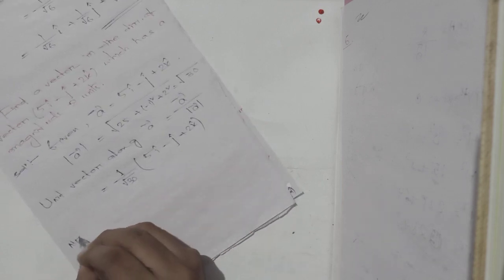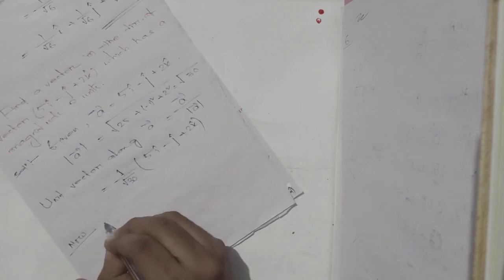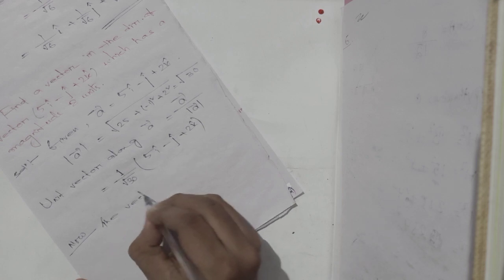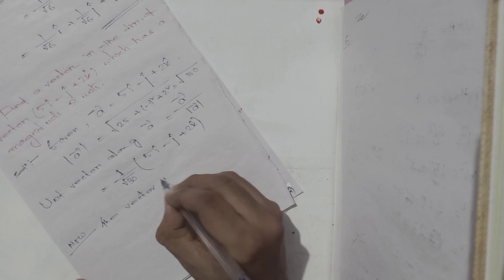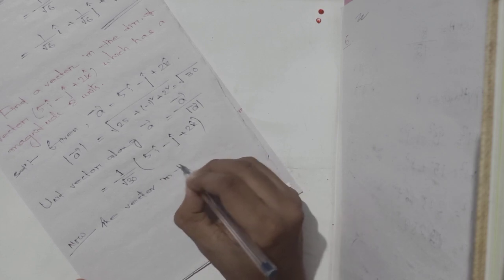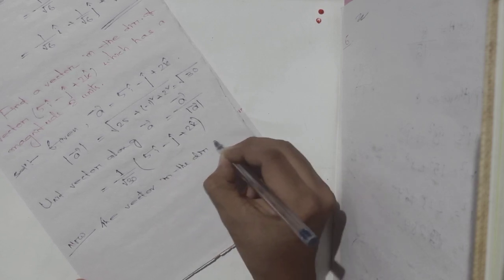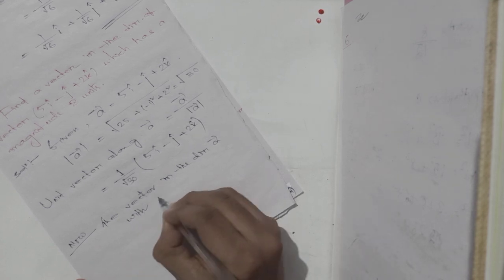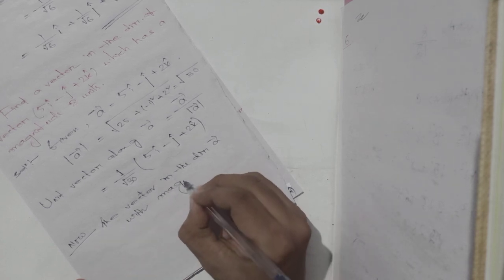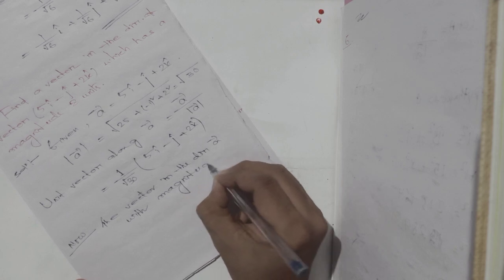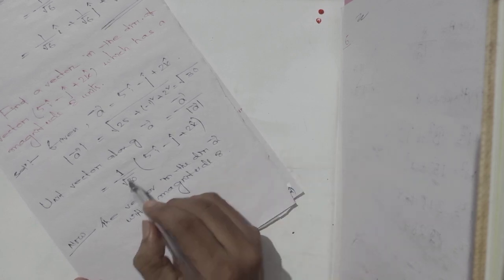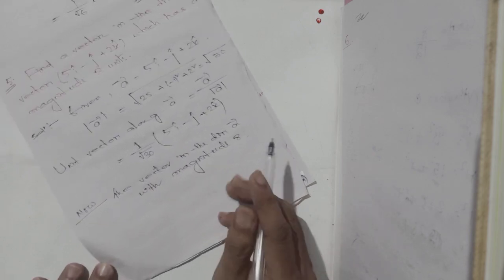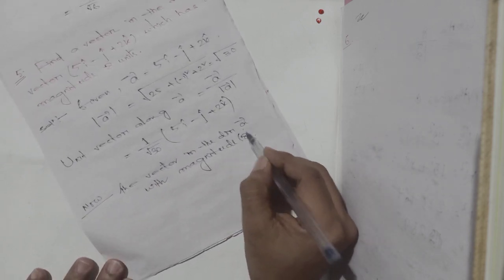Now the vector in the direction of A with magnitude 8. Students, the magnitude of this unit vector will be 1, but we have to find a vector along the direction of vector A having magnitude 8.